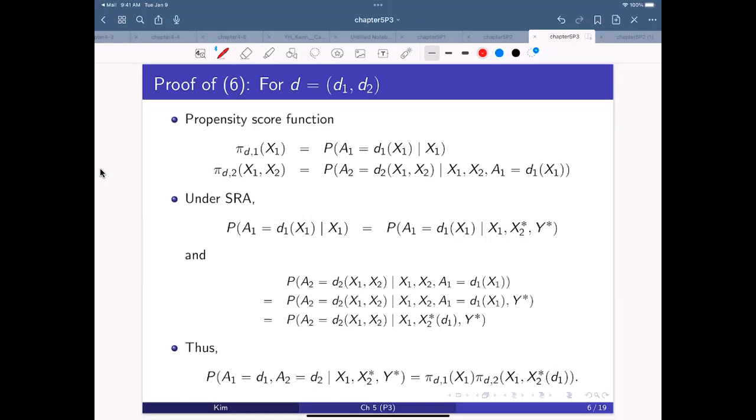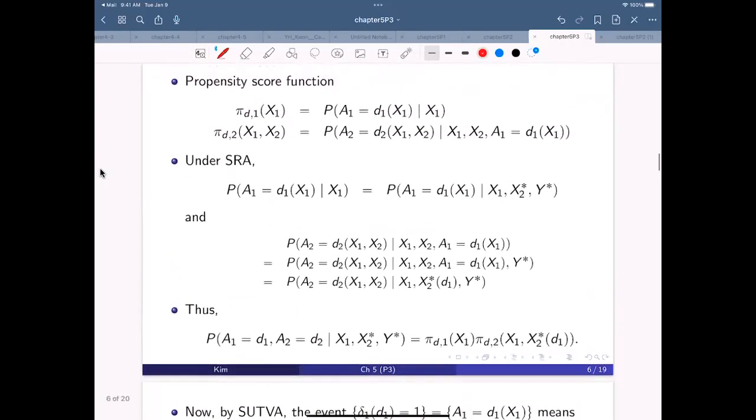So pi d1 is the probability of A1 equal to g1(x1). The second is at decision k equal 2, where we use x1, x2, and this is the probability given x1, x2, and a1.